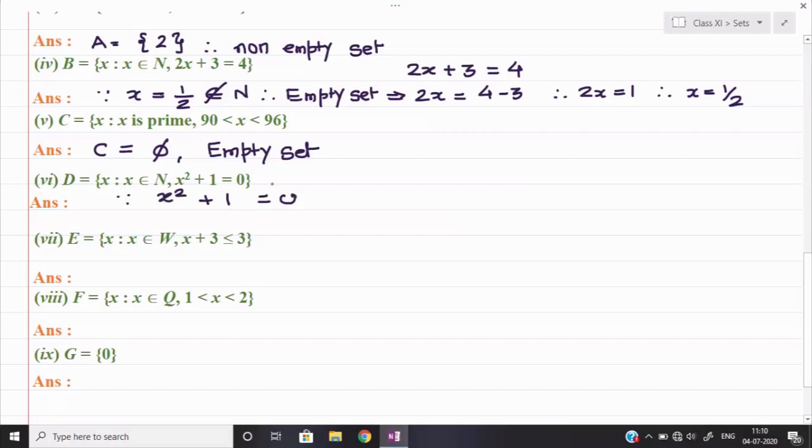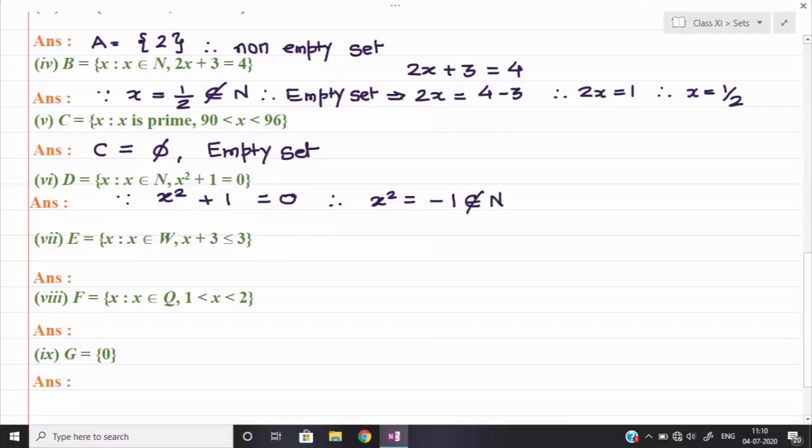Now, if I go further, I can say that the value of x square is equal to minus 1. So I require such a number whose square is coming negative. That is not possible. Although the value of x square is coming here as minus 1, it will not belong to the set of natural numbers.